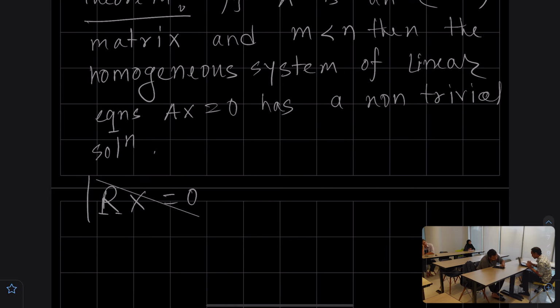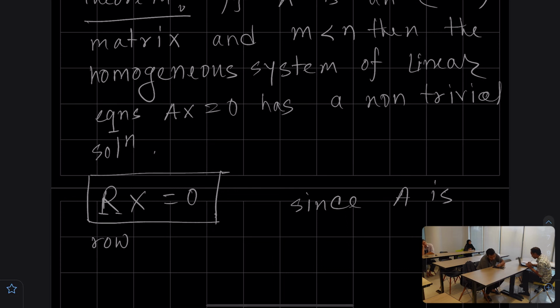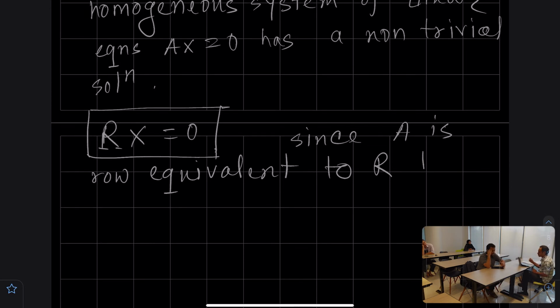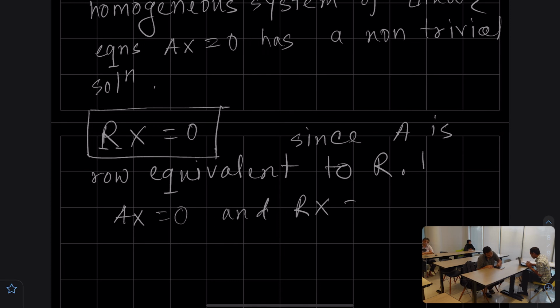Now I am considering this system. Since A is row equivalent to R, and from a previous theorem, which I proved in the last lecture, we know that the systems Ax equal to 0 and Rx equal to 0 will have exactly the same solutions.